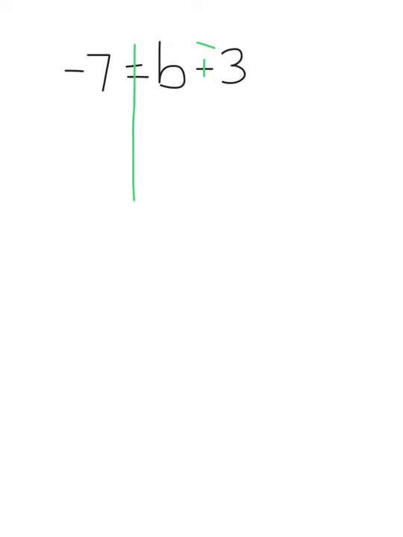And so to get b all by itself, what kind of 3 do we have? We have a negative 3. So since we have a negative 3, the opposite of a negative 3 would be to add 3. Whatever we do to one side of our equation, we do to the other. I hope you notice that I line everything up. I'm adding 3 on the right, and I put it right below the negative 3.